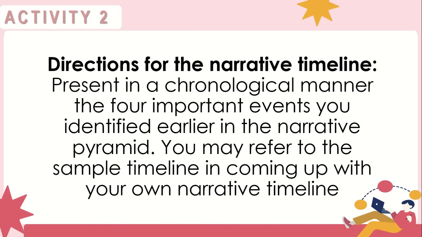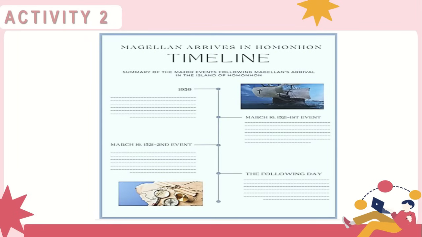Directions for the narrative timeline. Present in a chronological manner the 4 important events you identified earlier in the narrative pyramid. You may refer to the sample timeline in coming up with your own narrative timeline. Here is the example of Magellan arrives in Homonhon timeline. Write the summary of the major events following Magellan's arrival in the island of Homonhon.